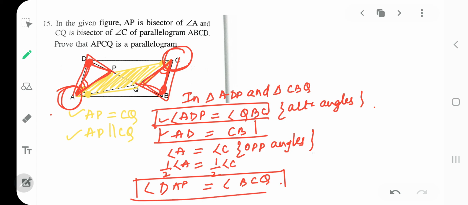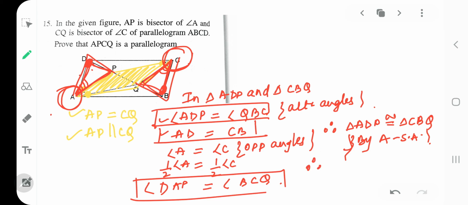Hence, can we say that the two triangles ADP is congruent to triangle CBQ, by which test will we go? Angle, side, angle. So we'll go by the ASA test. Once you got that, you can write, therefore, AP is equal to CQ by CPCT.